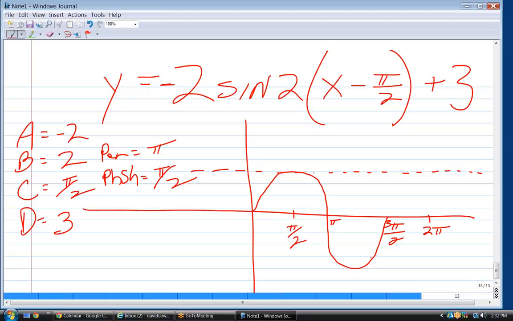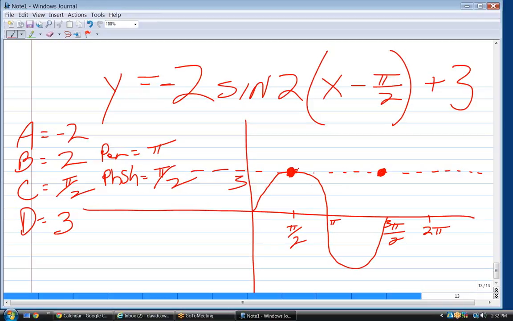No. It's a period plus pi over 2, right? What's the period? The period is pi. Okay, so I got to go from pi over 2 to 3 pi over 2. I got to draw one full cycle in that time period.